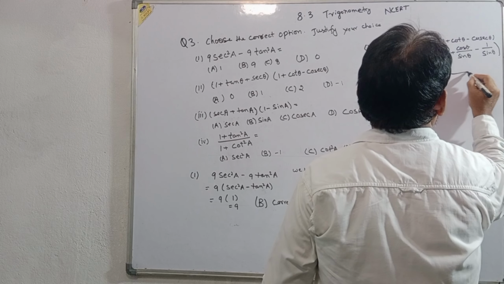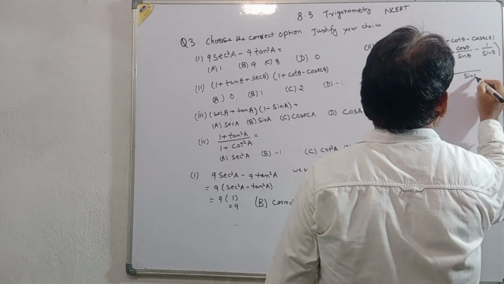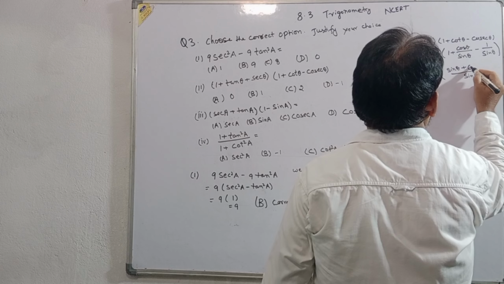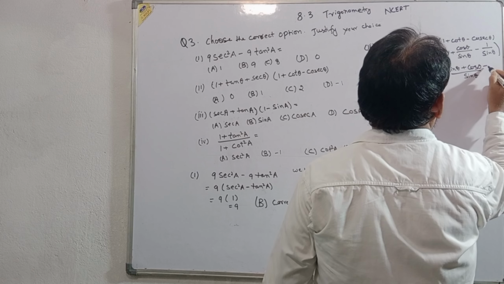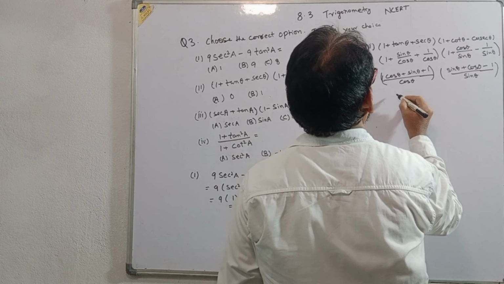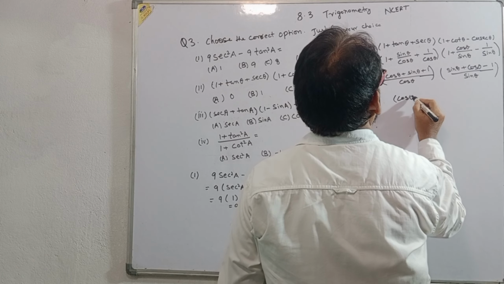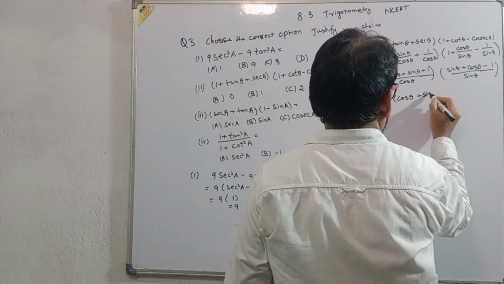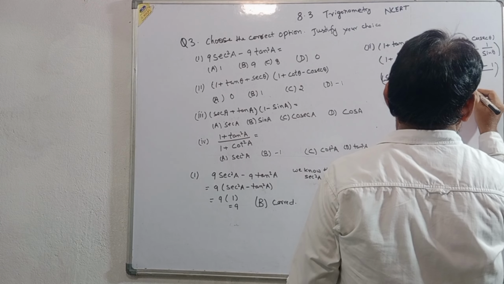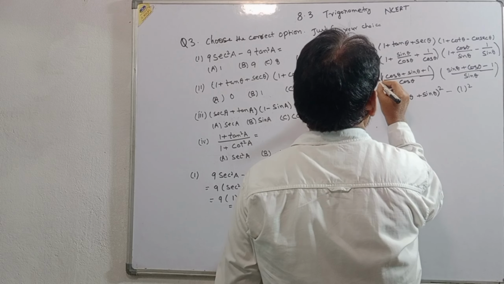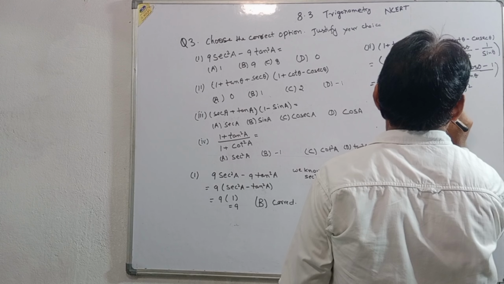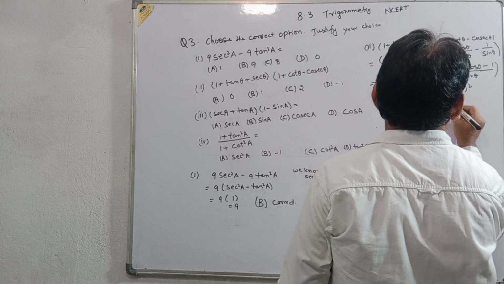Now LCM sin theta: sin theta plus cos theta minus 1. Here cos theta plus sin theta whole square minus 1 square, divided by sin theta into cos theta.